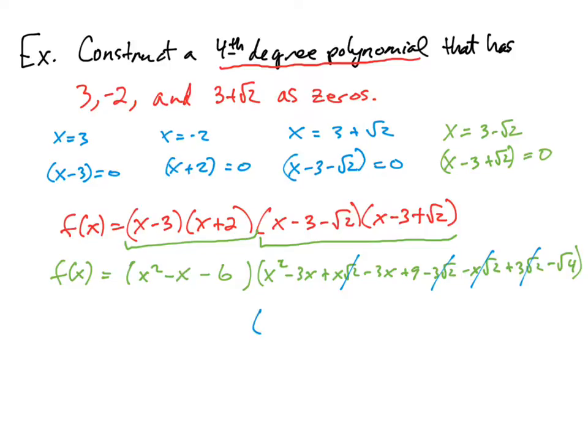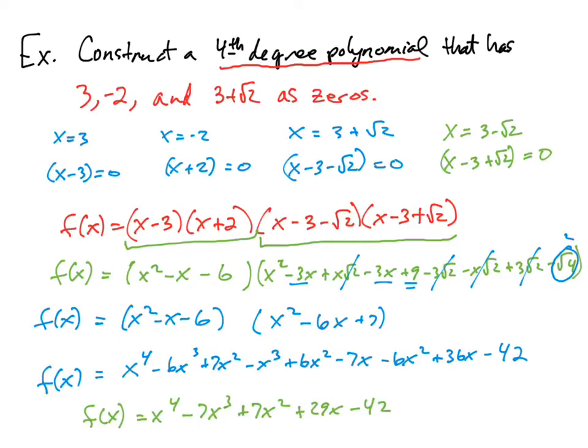So what we end up with is x squared, negative 3x is negative 6x, and then positive 9, square root of 4 is 2, so 9 minus 2 is plus 7. Bring down the other factor, and then I'll let you multiply this out.